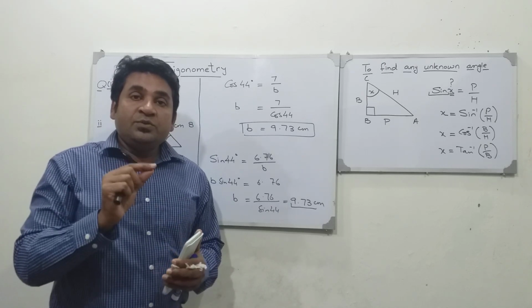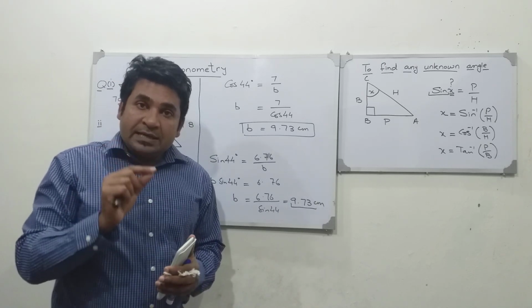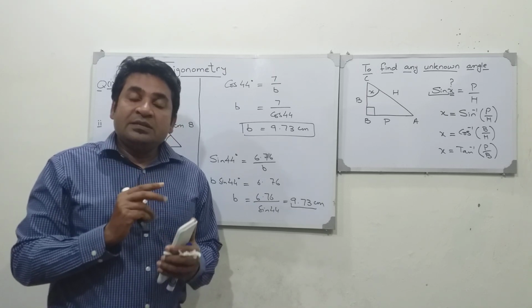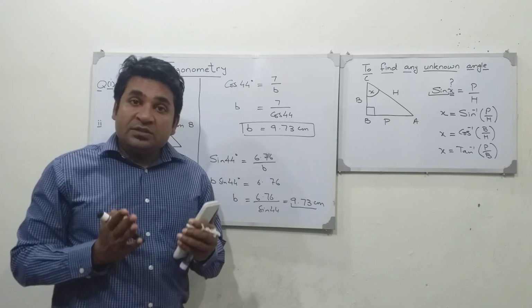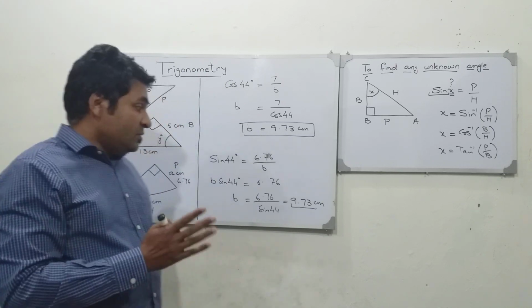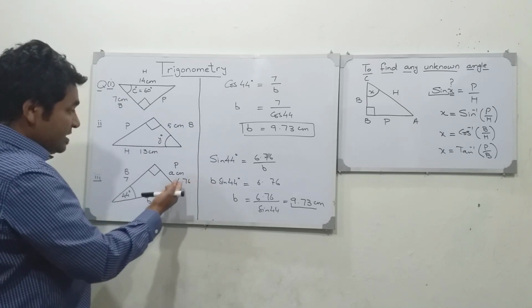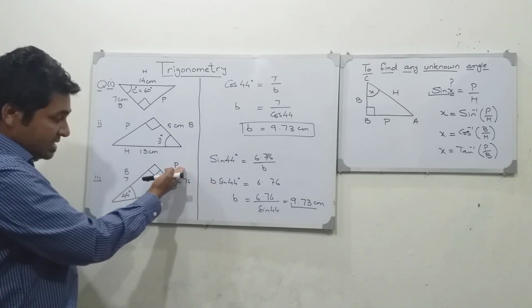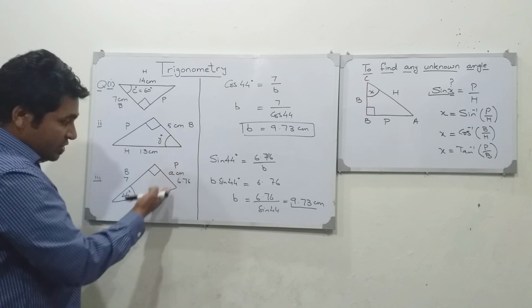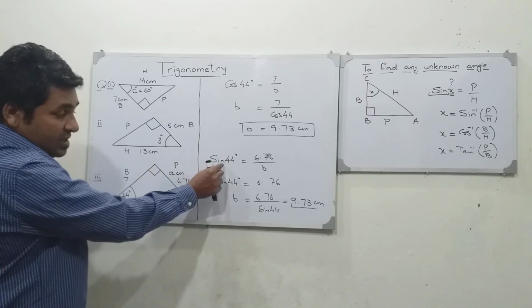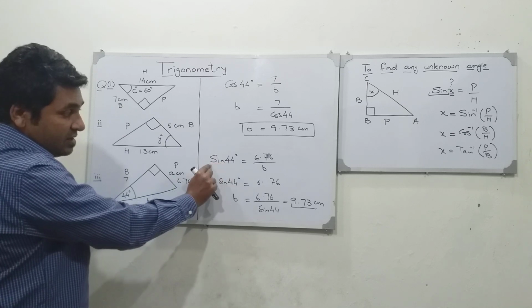So I hope that you have checked that there is just one thing about which you need to be careful, that you have to use the correct ratio. If you use the correct ratio, then there is no chance of making any mistake. Look at what I have done in front of you: when I was using this side and this side, I was taking the ratio of this. If I call it wrongly here, I will make a mistake, like using cos or tan instead of sine.